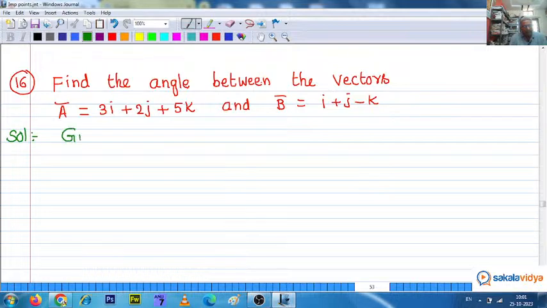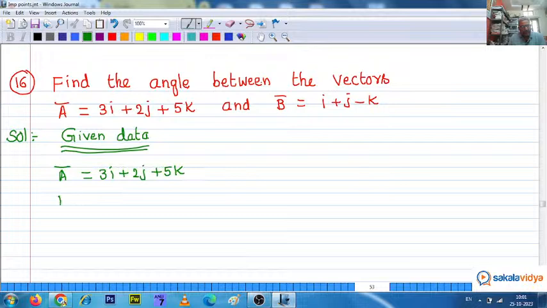First write down the given data. Given data: first vector A bar is equal to 3i plus 2j plus 5k, clear, and B bar is equal to i plus j minus k.